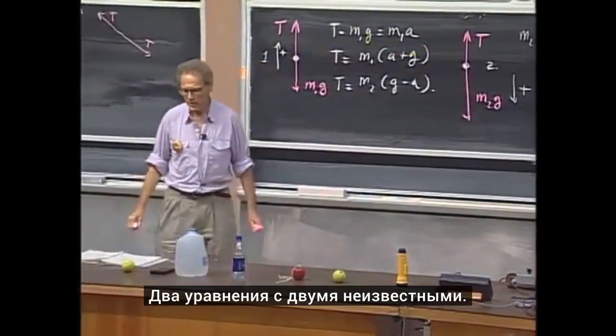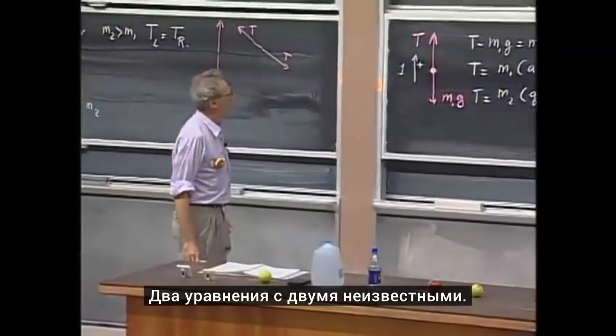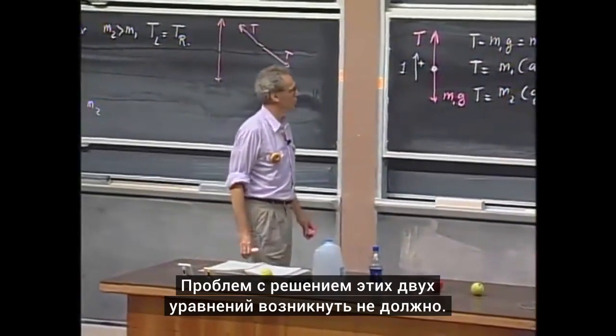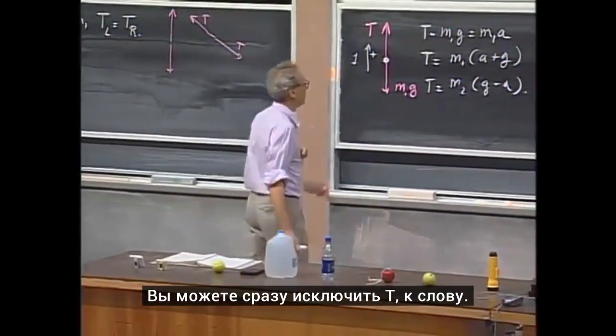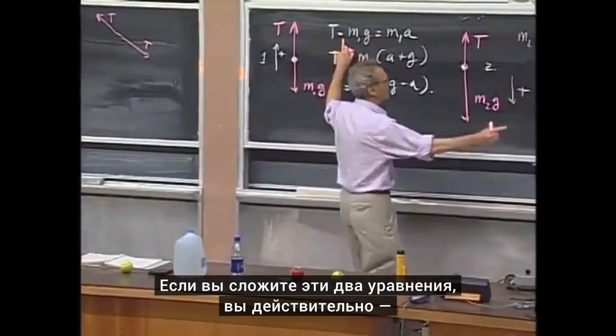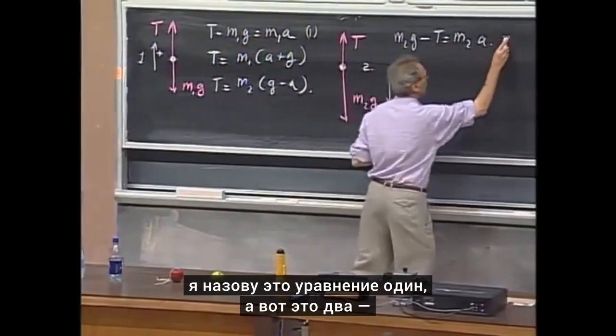Two equations with two unknowns. Well, that shouldn't be so hard to solve. You can immediately eliminate T, by the way. If you add this one with this one, you're ready. I call this equation 1, and you call this equation 2.